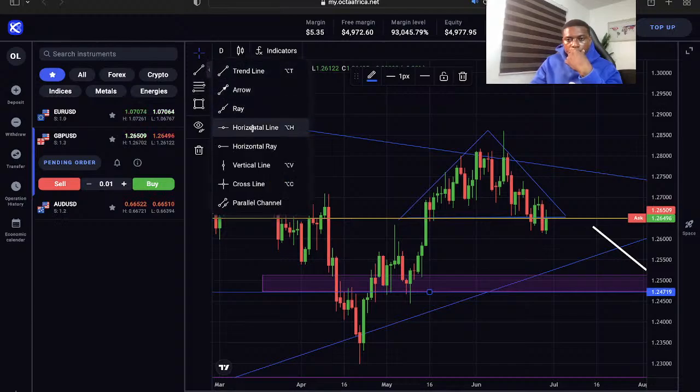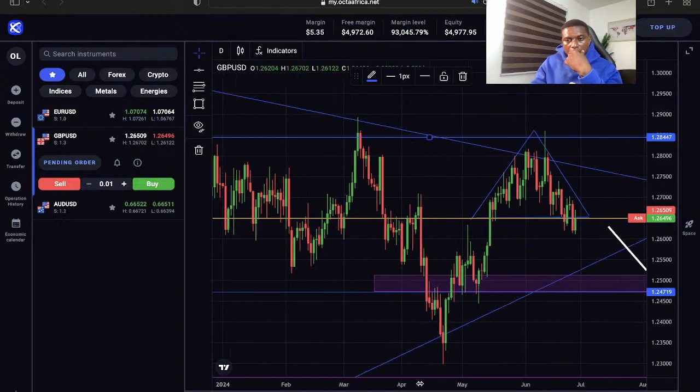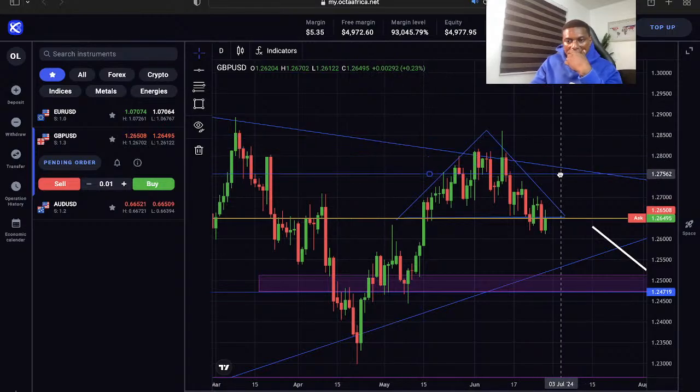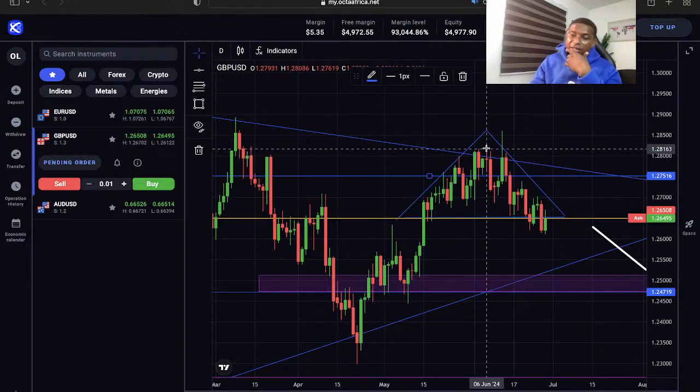Because we might just look at the next support zone as our take profit level. Then our stop loss level will be the next resistance zone, which can just be around this level, just the minor resistance zone.